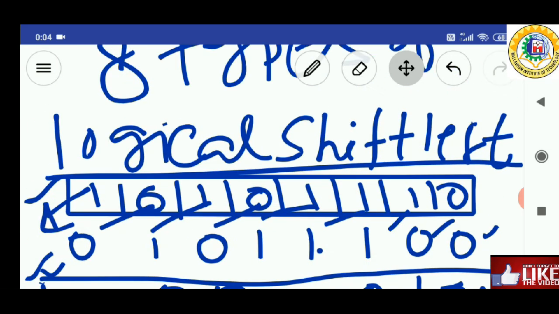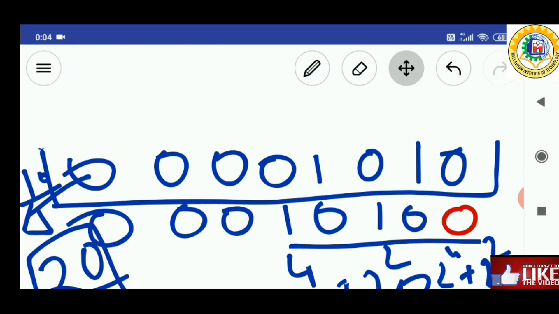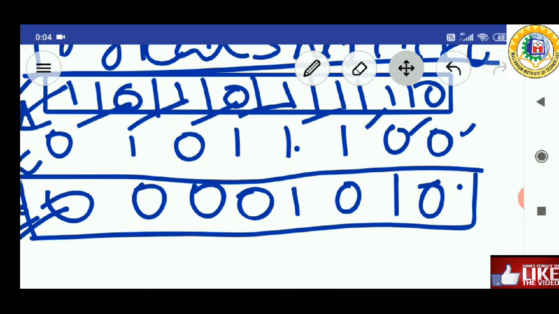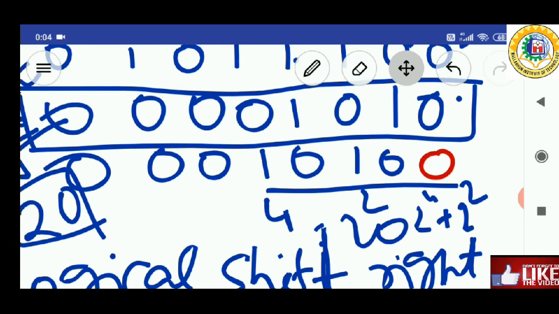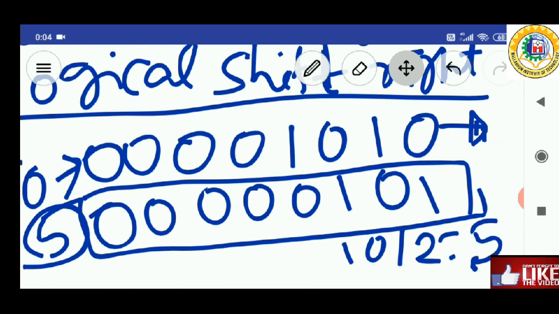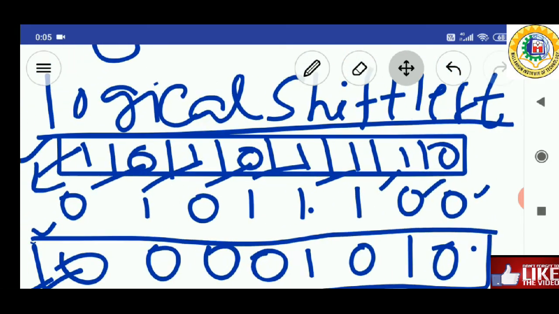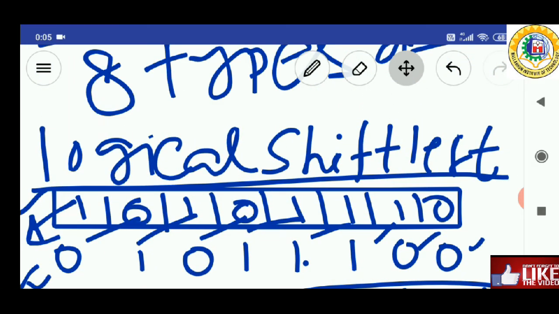So those are the two important meanings. In the logical shift left, we drop the leftmost bit and put 0 in the blank, and in the logical shift right, we drop the rightmost bit and the blank is put as 0. In the end, the output data is divided by 2 in the case of logical shift right, and multiplied by 2 in the case of the logical shift left.